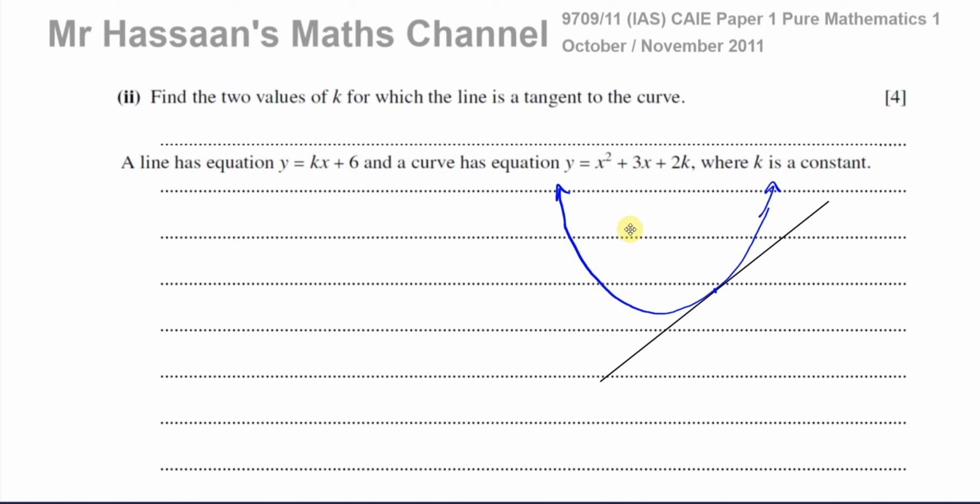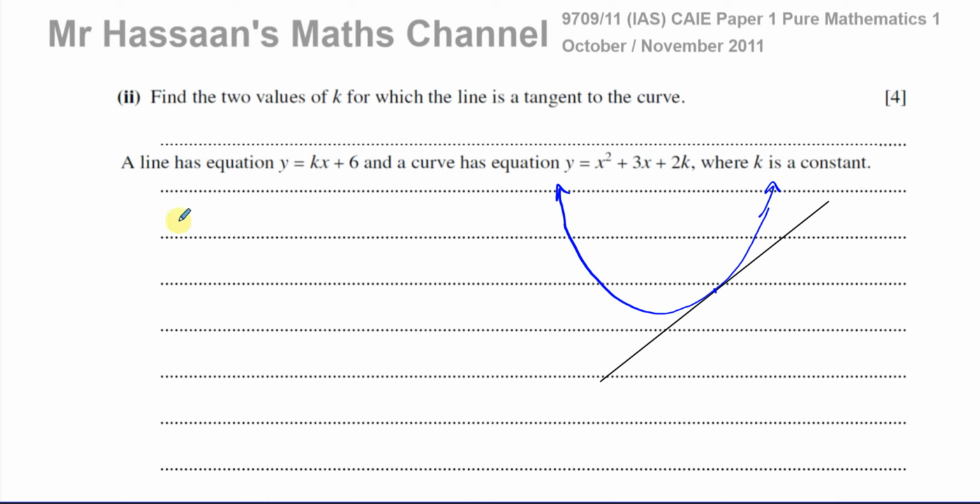It's called a repeated root, because it only touches the curve at 1 point. So the solution to y equals kx plus 6, simultaneously with the curve y equals x squared plus 3x plus 2k, will only be one solution if this line is a tangent to the curve.